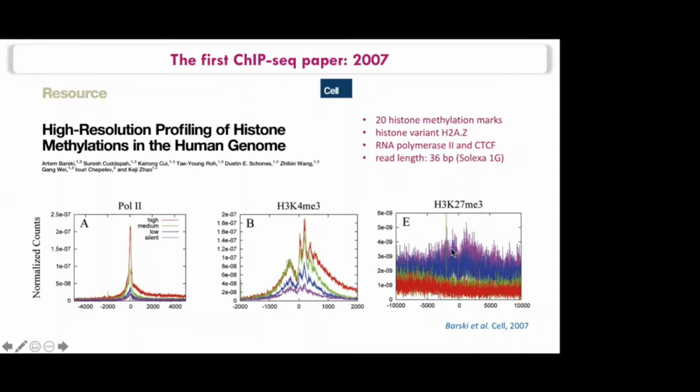The silent genes have high levels of K27 trimethylation, and the active genes have almost no K27 trimethylation mark. I think most of this information was already available based on ChIP-on-chip microarray experiments, but this gives you one base pair resolution, and it also discusses some other histone modifications that were not explored earlier, but I'm not discussing them here.